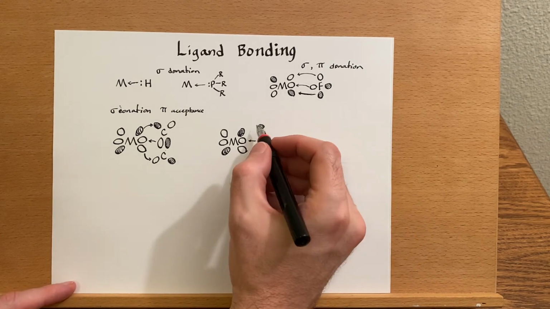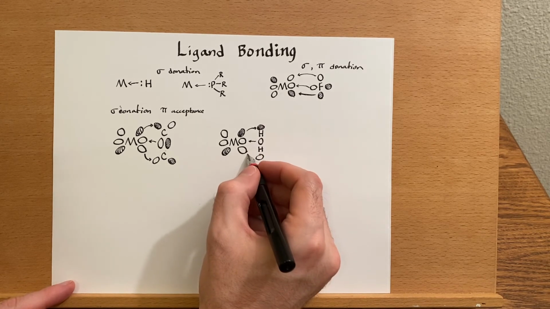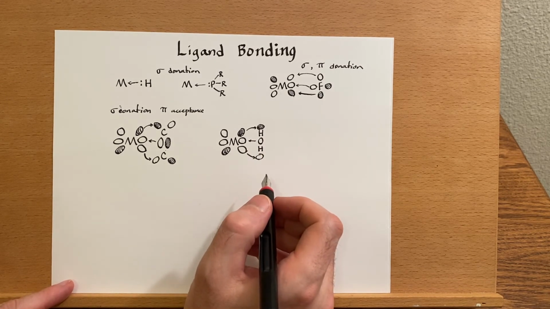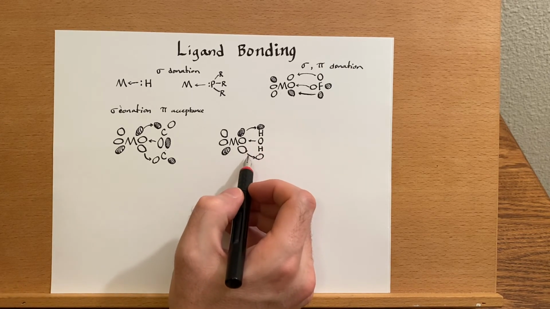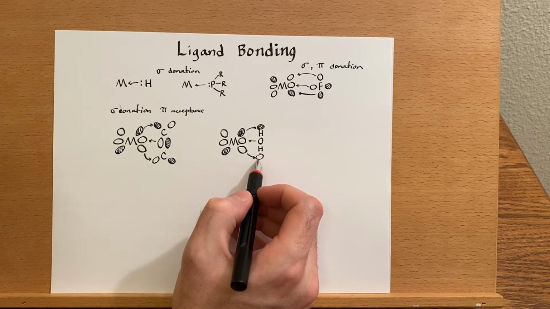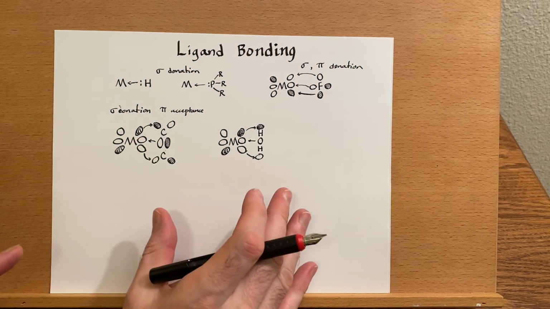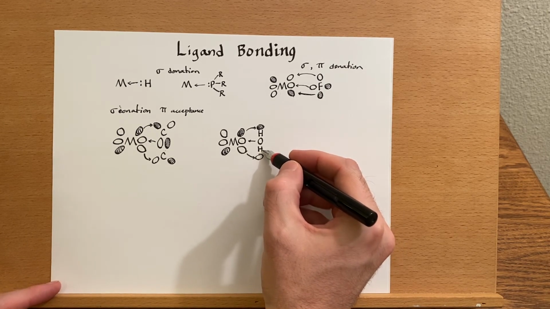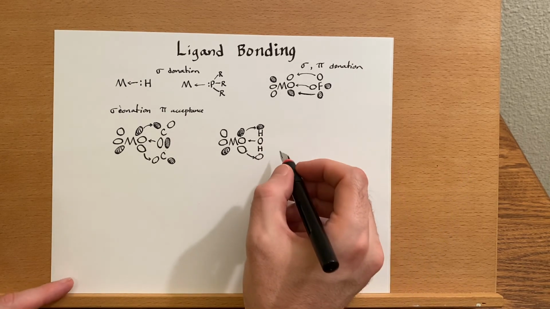Now, again, we can have electron density flowing back to the hydrogen. Now, what will happen if a lot of electron density flows back from the metal into these hydrogen antibonding orbitals? Well, if enough of it flows back in, the bond between hydrogen and the other hydrogen will weaken significantly.